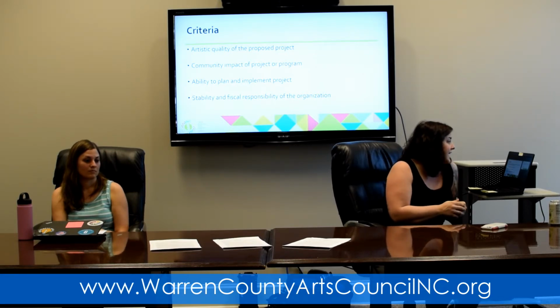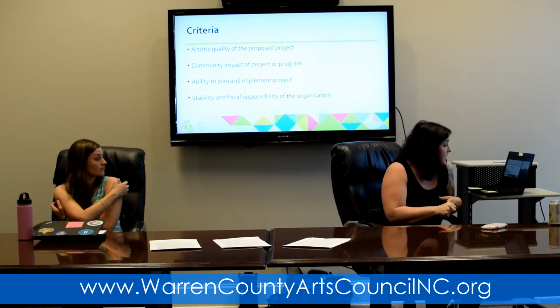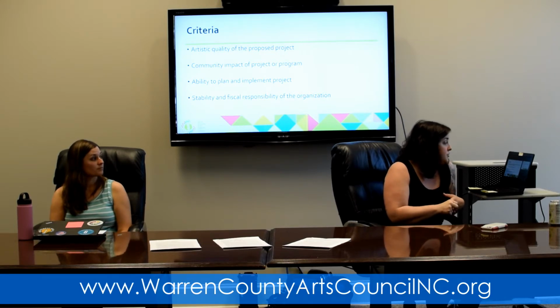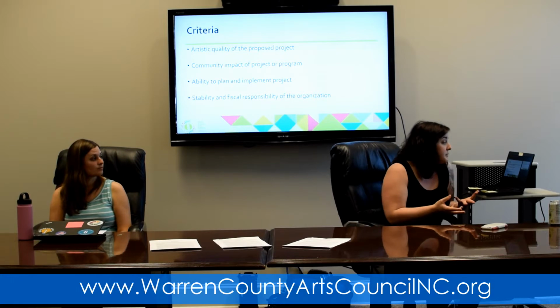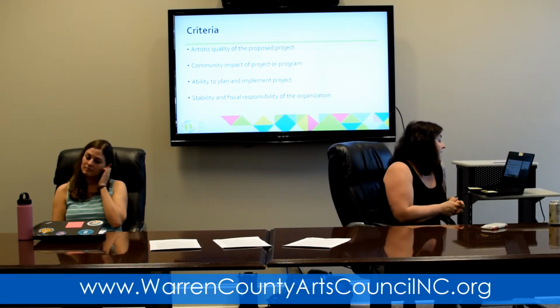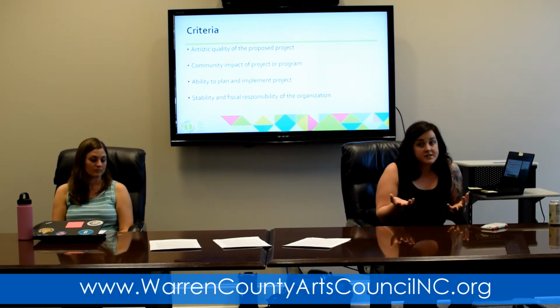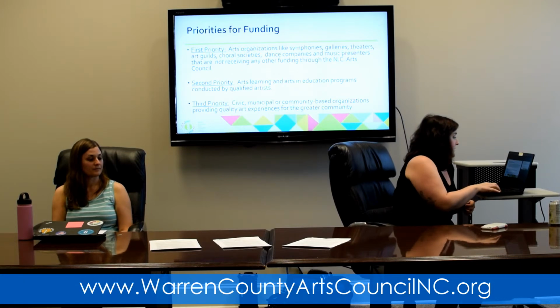So things that we look at: what's the artistic quality of the proposed project? What is the community impact of the project? Does it seem like your organization has the ability to plan and implement the project? What's the stability and fiscal responsibility of the organization?